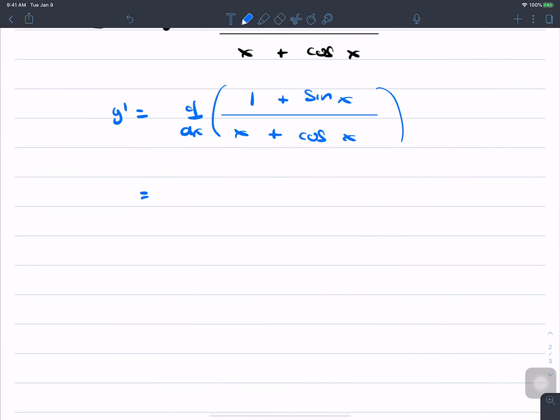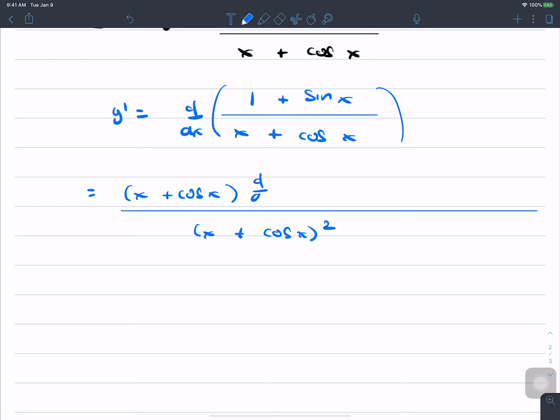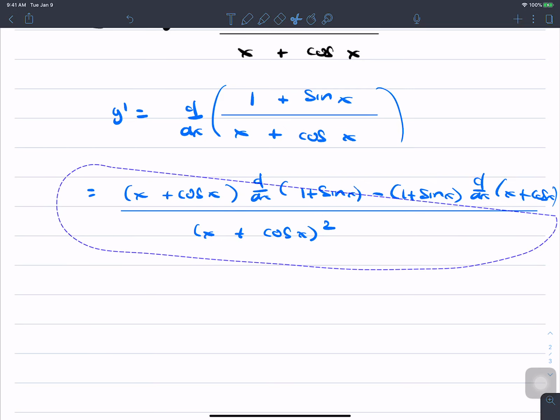So by quotient rule, here's what you're going to do. x plus cosine x squared in the denominator, x plus cosine x times the derivative of 1 plus sine x, minus 1 plus sine x times the derivative of x plus cosine x.